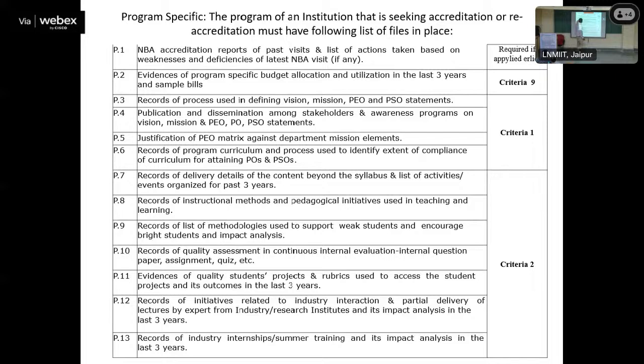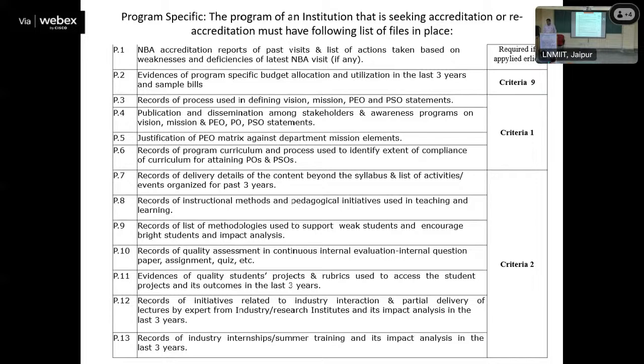Similarly, P3, record of the process of defining vision, mission, PO and PSO. Since you are a department, as was told by some of the faculty, Sandeep Saini sir, that you are going for accreditation for the first time, they will ask questions more about the process.